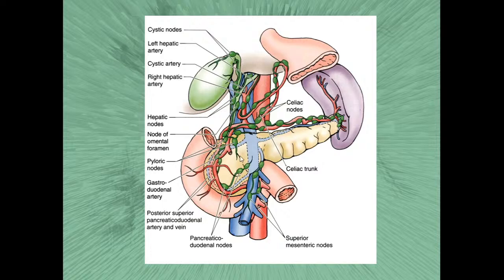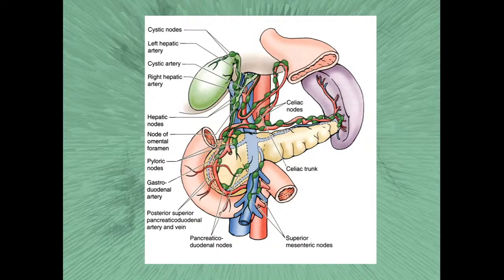For demonstration, let's talk about the pancreas. So the pancreas, maybe you remember, has blood supply from two main sources: from the system of the celiac trunk via the superior pancreatic duodenal artery, and also from the system of the superior mesenteric artery via the inferior pancreatic duodenal artery.